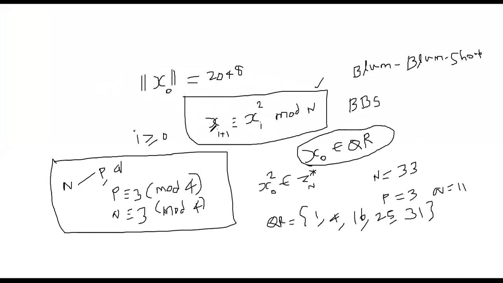All you have to do is x squared mod n, and then do a mod 2, meaning get the last digit. By doing mod 2, you get the parity bit.